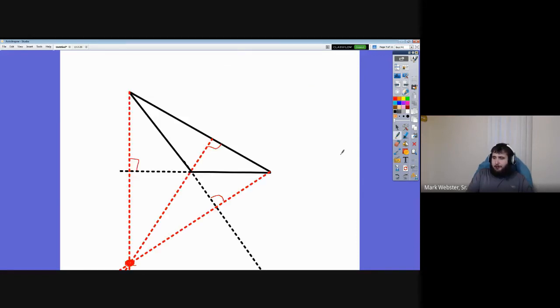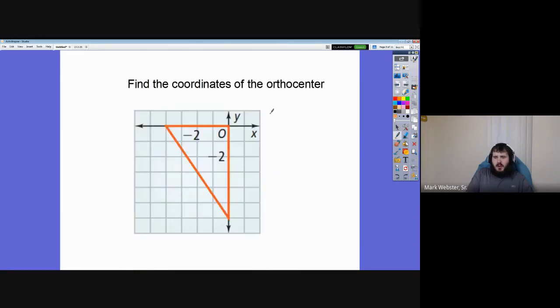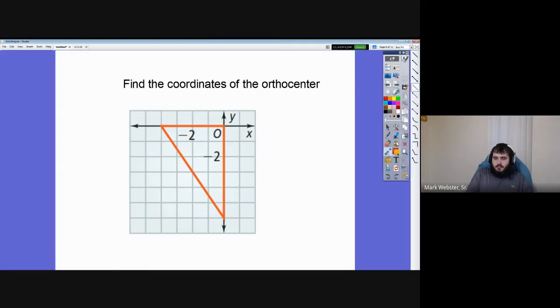Right? So that's what we're talking about. So let's do a couple examples real quick. Find the coordinates of the orthocenter. Again, all you have to do is drop perpendiculars down. So from this corner, we want to drop a perpendicular.